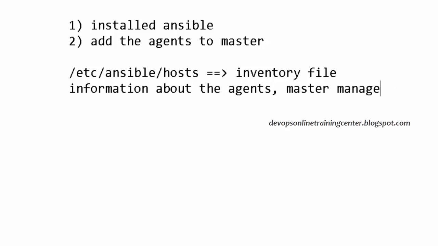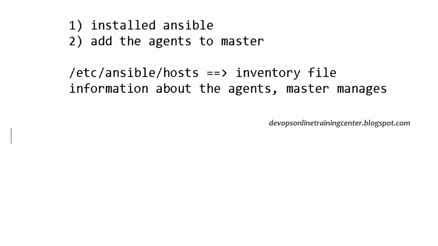So this file we need to update with the agent information. Basically, we have installed Ansible on one of the machines, and the agent we need to add to the master. We add that information in /etc/ansible/hosts, the inventory file where we give information about the agent.